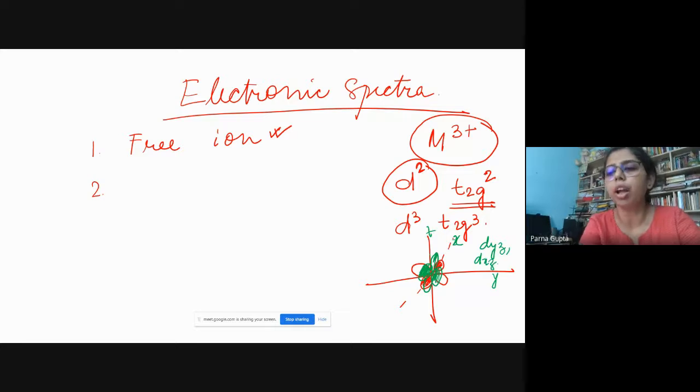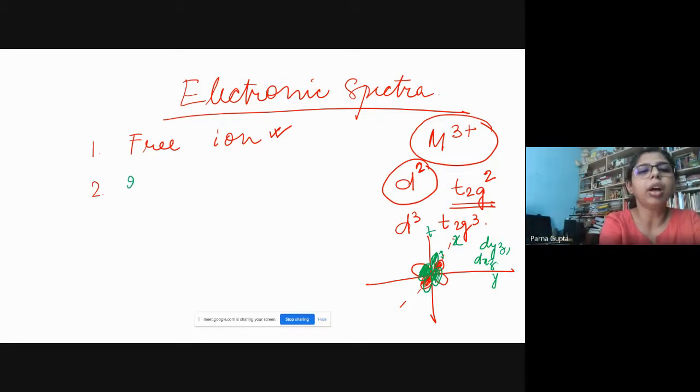If there are electrons in there, there must be inter-electronic repulsion. That repulsion we are not considering in the free ion. For the free ion, we consider that there is no repulsion.